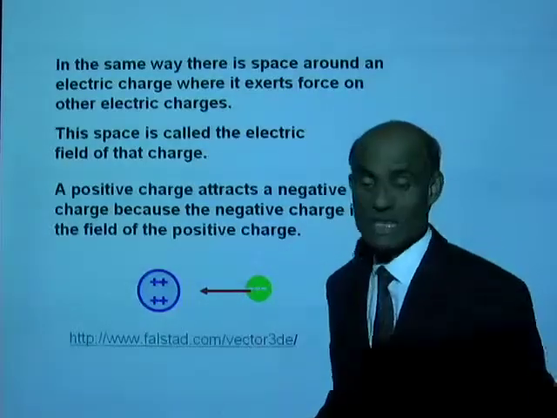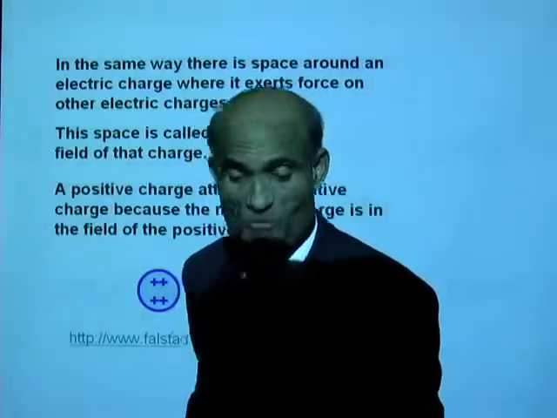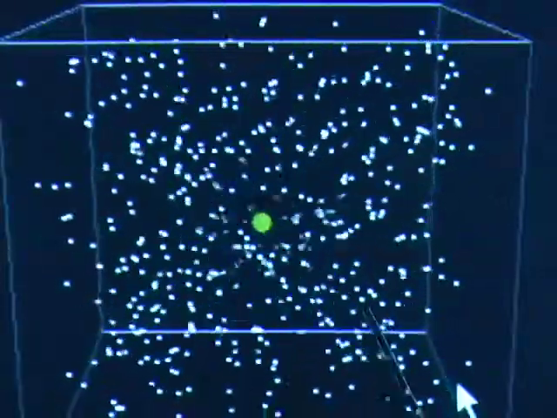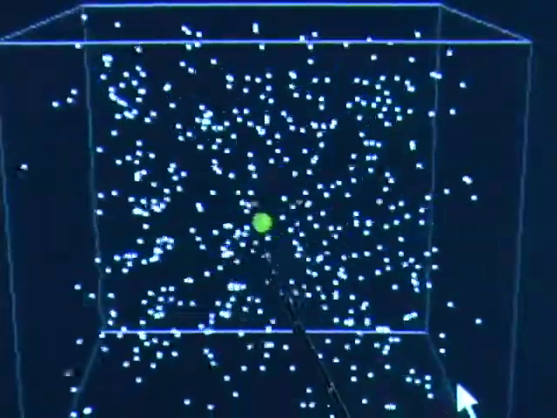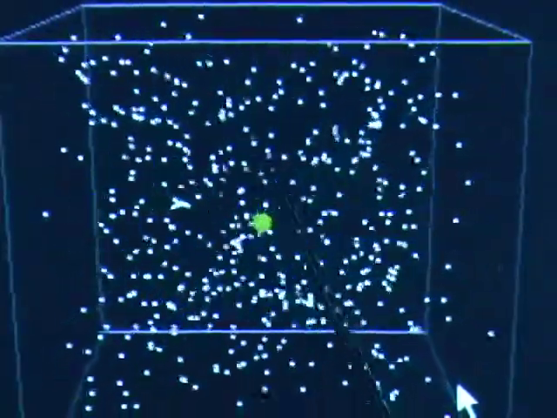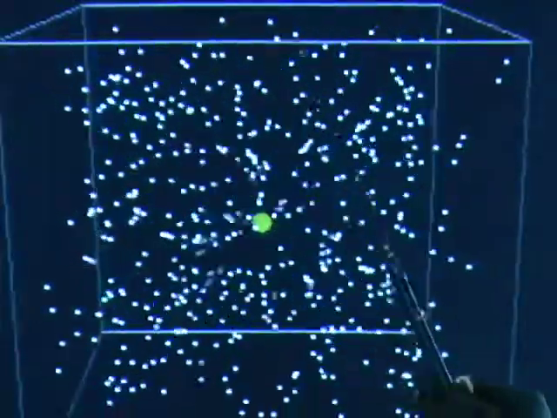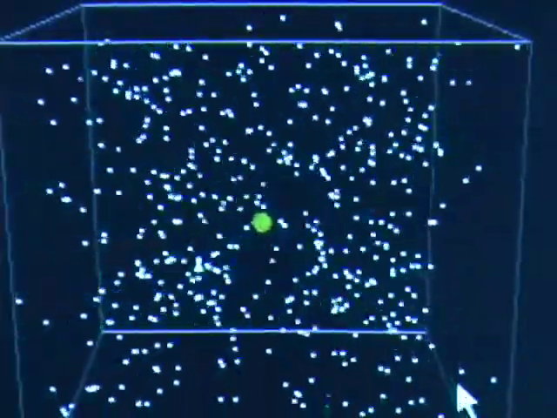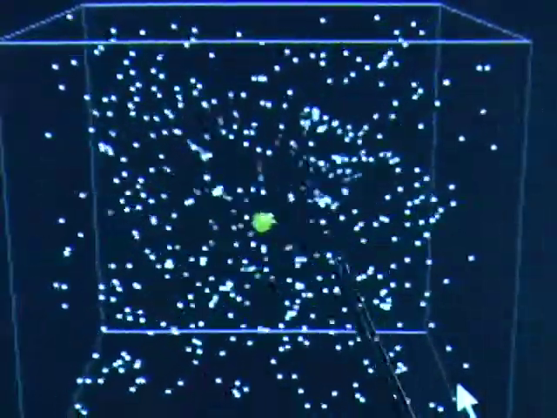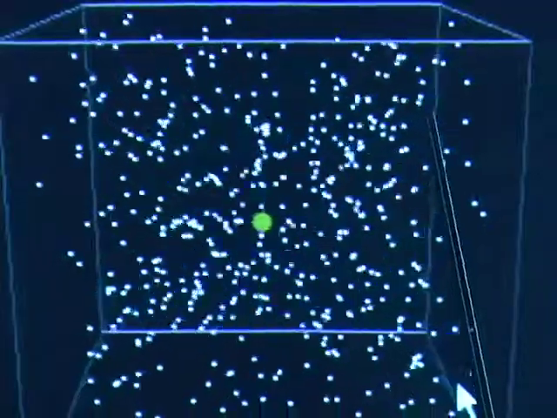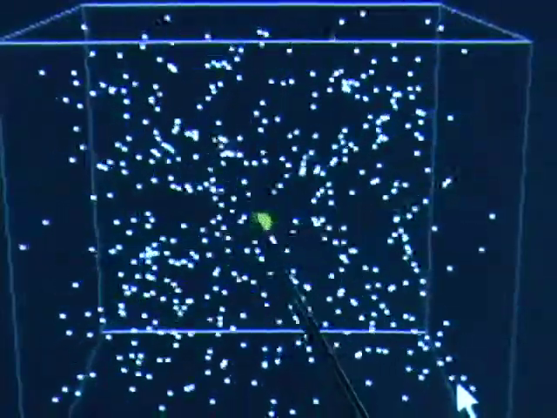Alright, let's look at a visualization of the electric field. Now, if the yellow ball at the center is a positively charged object and a large number of tiny test negative charges are placed in the region surrounding that, look at the way all these charges are falling towards it.